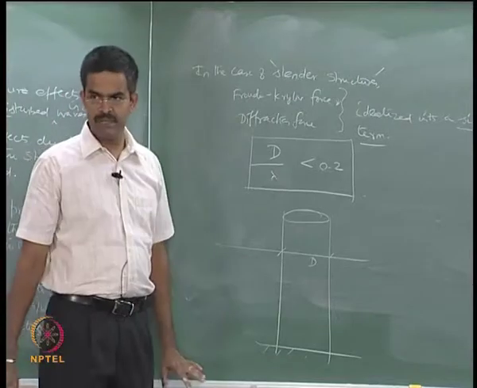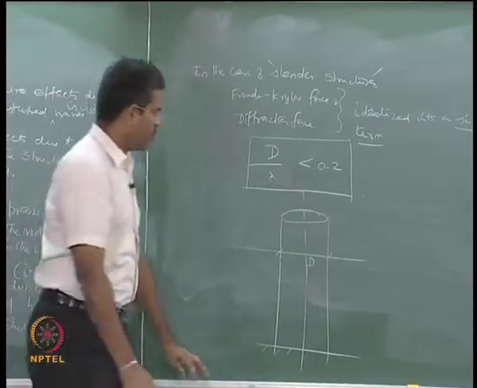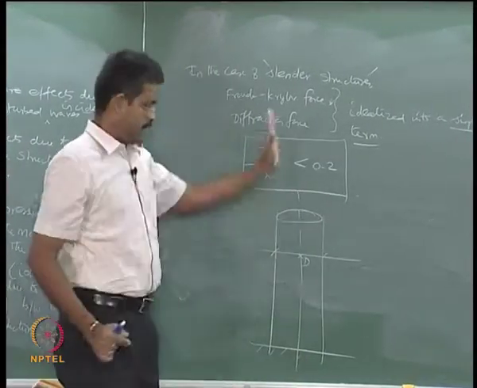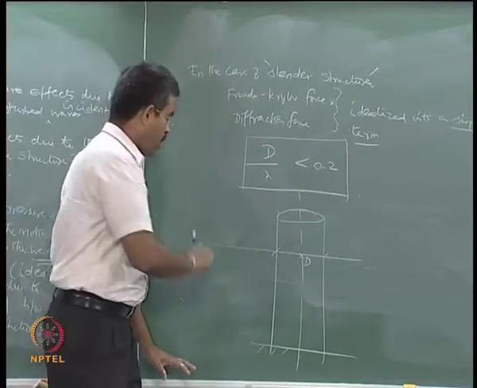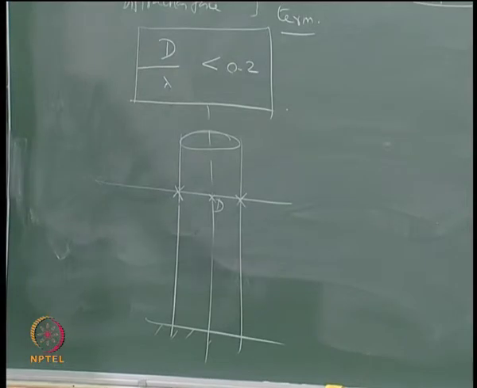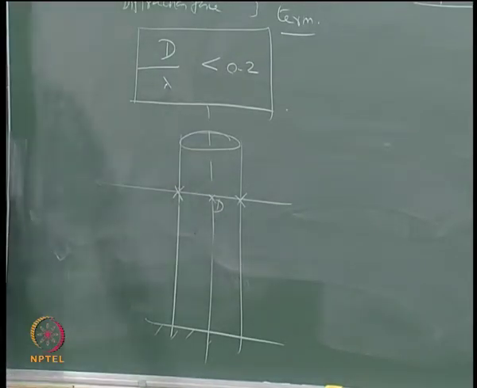In such case, this is my axis of the member, you compute the force at any point on the circumference of the member at the axis line or anywhere here or anywhere here. There will not be much variation in the velocity and acceleration between these 3 points.